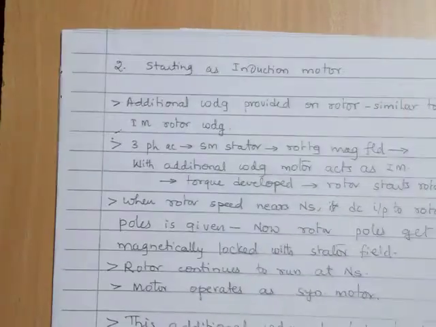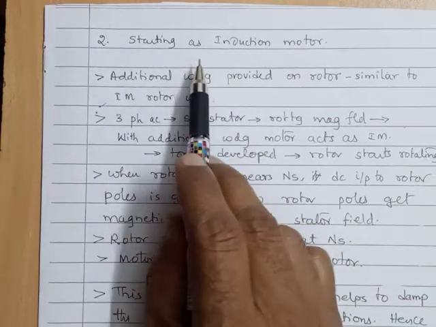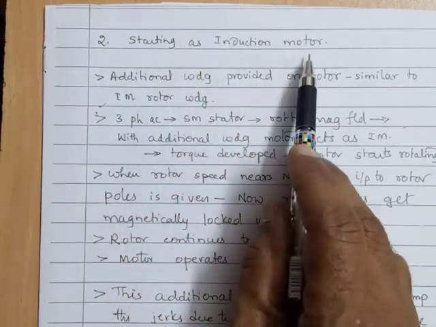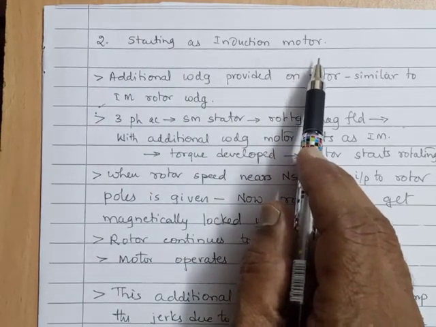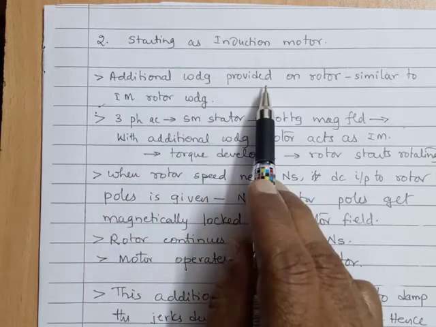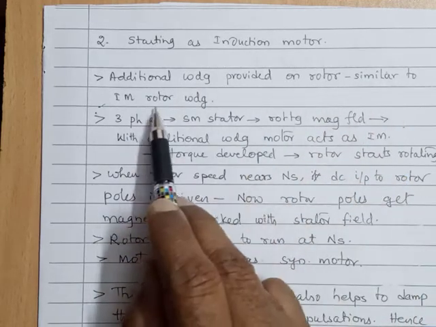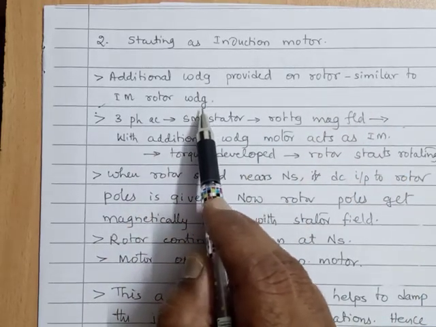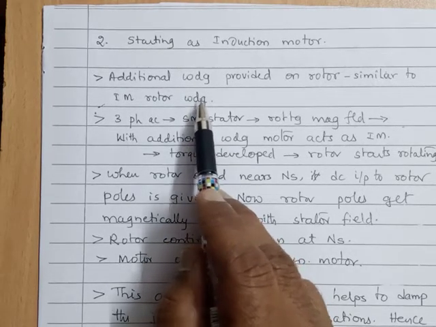The other method of starting the synchronous motor is starting it as an induction motor. This is very interesting, and this is the one that is employed normally. What is done here? Here, an additional winding is provided on the rotor, similar to the induction motor rotor winding. We have the induction motor rotor, the winding there, something like that.